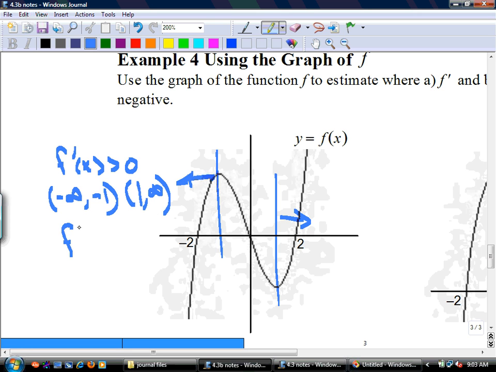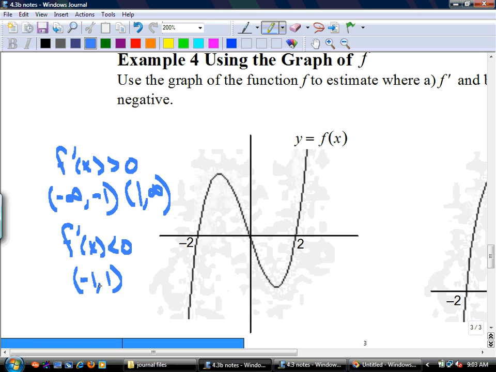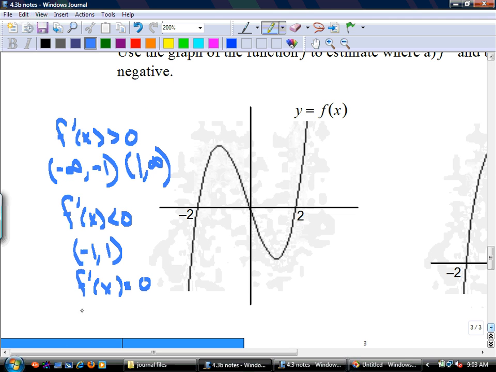Where is it negative? From negative 1 to 1. Where is it equal to 0? 1 and negative 1. Okay, where is the second derivative negative?